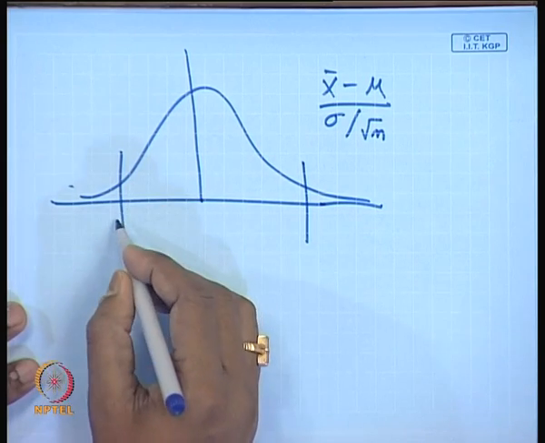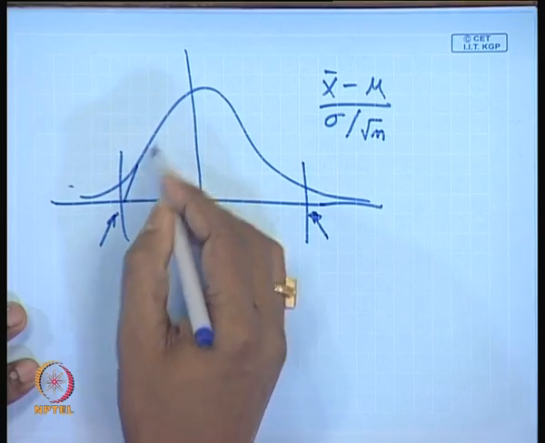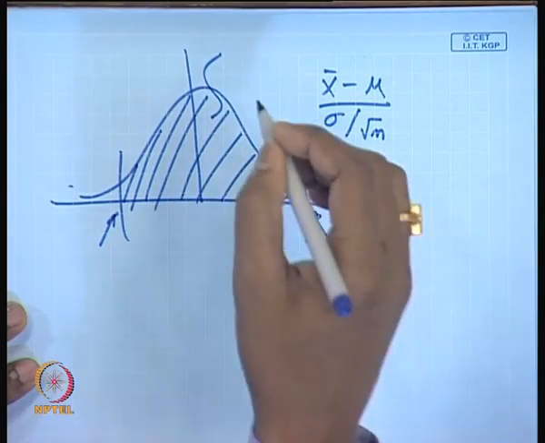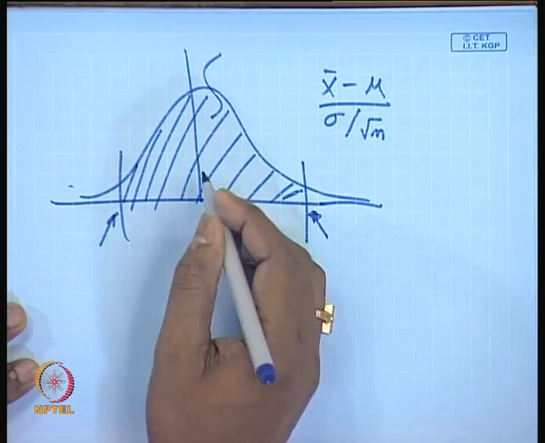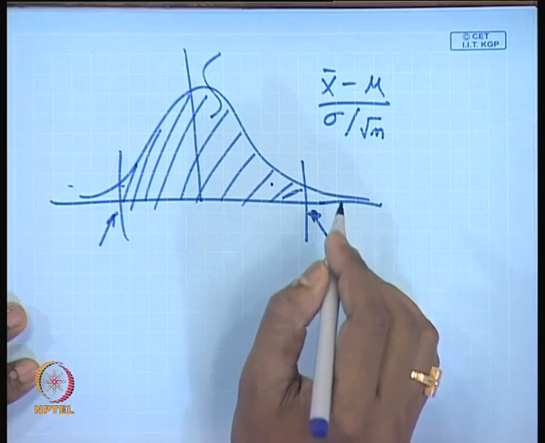Then that quantity, x bar minus mu by sigma by square root n, should lie between these two values, in such a way that this area equals whatever confidence level you wish to specify. So this is the confidence level of that estimator.